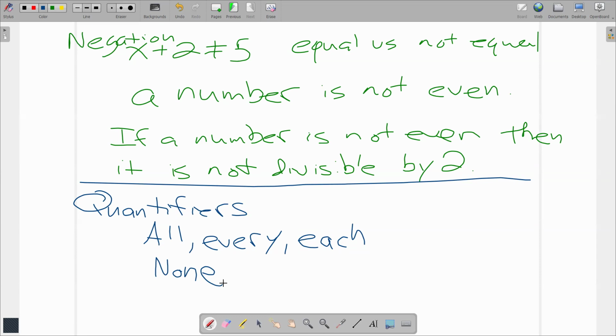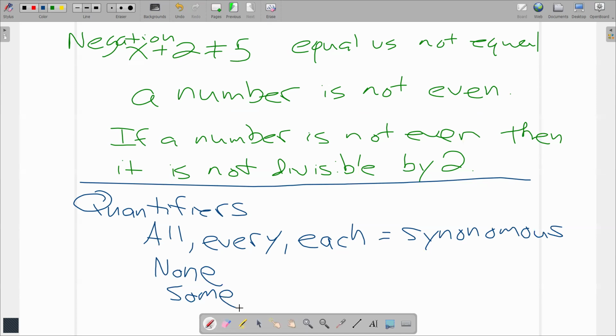All, every, each, these are synonymous. We might also see, instead of all or none, those are two extremes, in the middle would be some. They denote a quantity, but the some is a little vague. Like, what is some? All, that's clear. Everything, right? None, nothing. Some, somewhere in between.